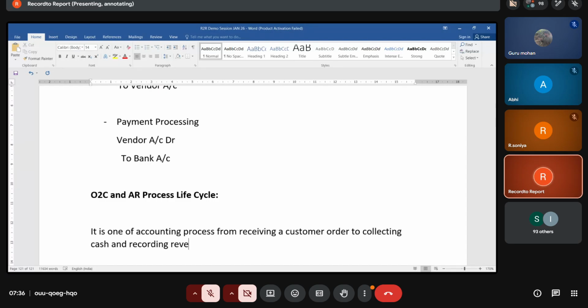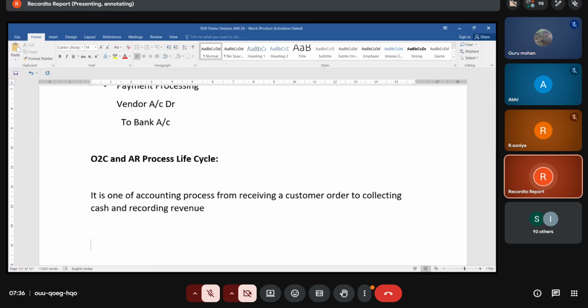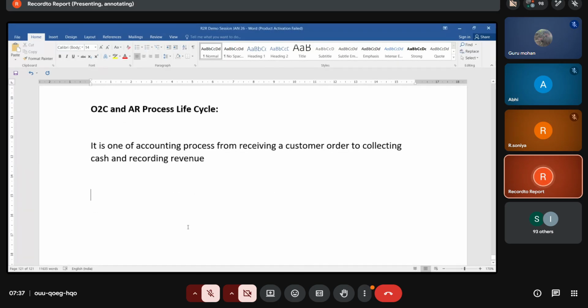It includes the complete journal entry, from where it starts to where it ends. The process starts with the customer order. Assume you have ordered something. For the customer, you are the customer and the company is the seller. So if the company receives the order, the customer gives the order.